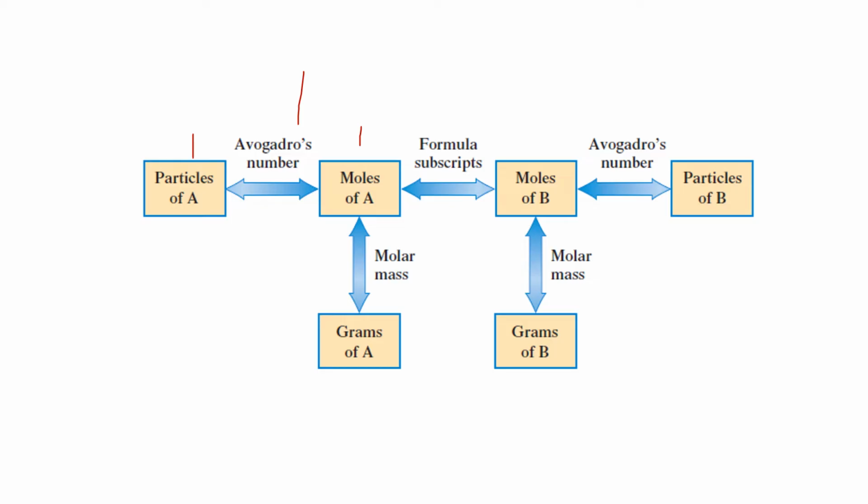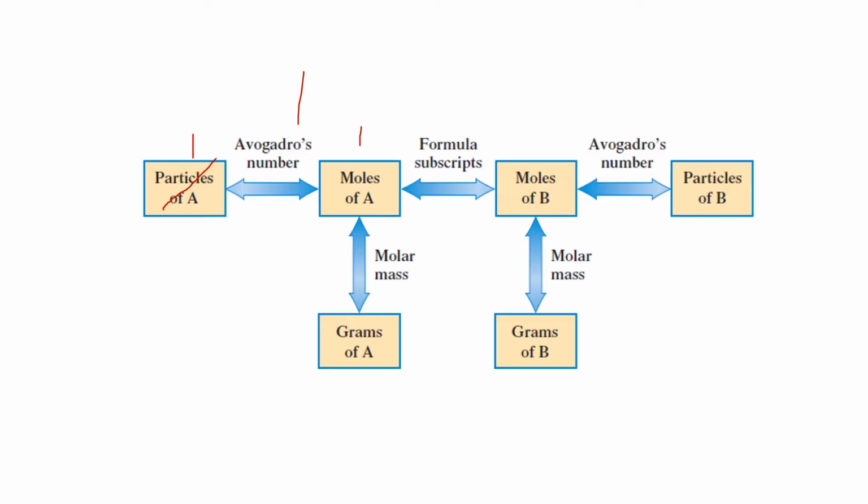So, for example, you want to convert particles of A to moles of A. Gagamit lang tayo ng Avogadro's number, but this time nasa baba yung Avogadro's number para ma-cancel out natin si particles of A. Okay, basta tandaan nyo lang, whichever unit you want to cancel should be used as the denominator para ma-cancel out natin yung original unit and then ma-convert natin to the desired unit.